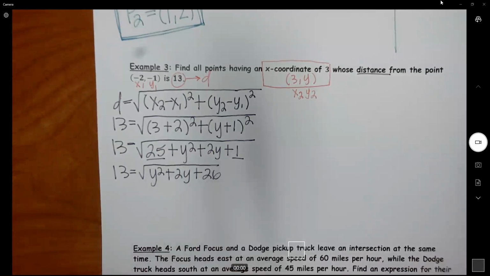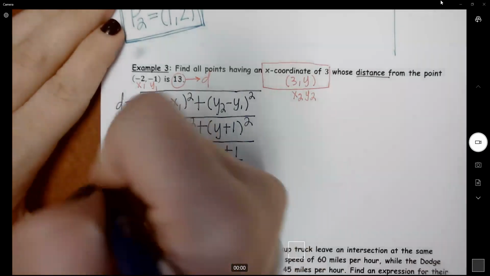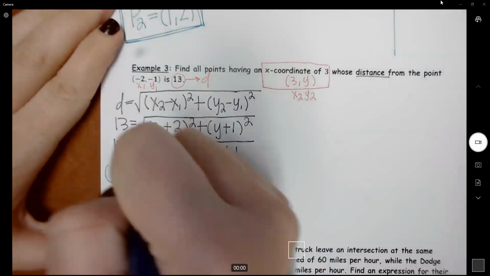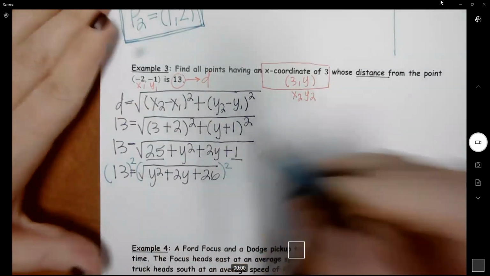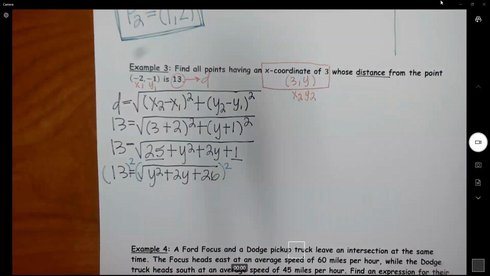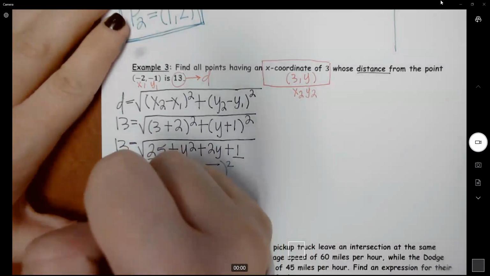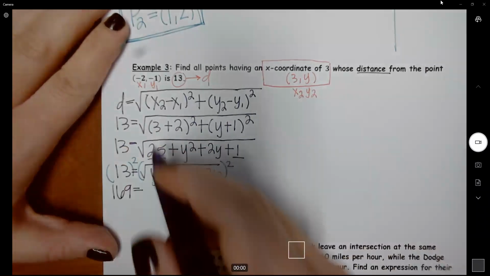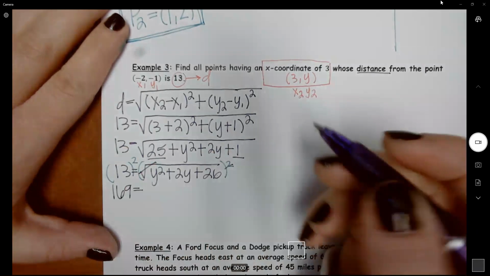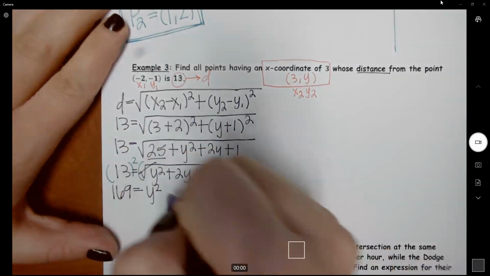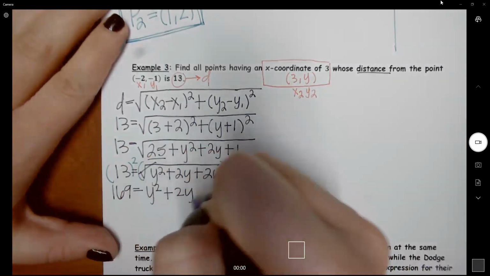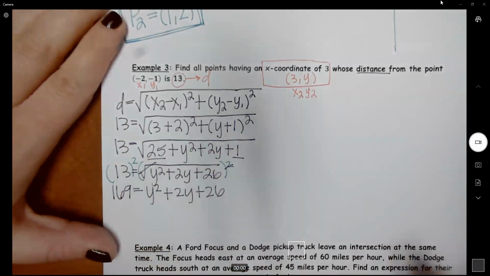We've done this before. The opposite of square root is to square. So 13 squared is 169. The square root and square cancel, and I am left with y squared plus 2y plus 26.